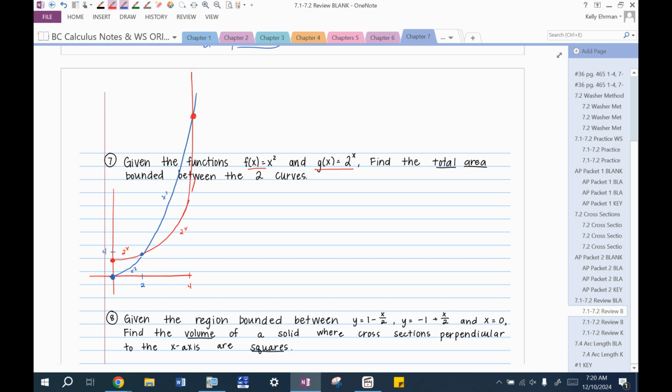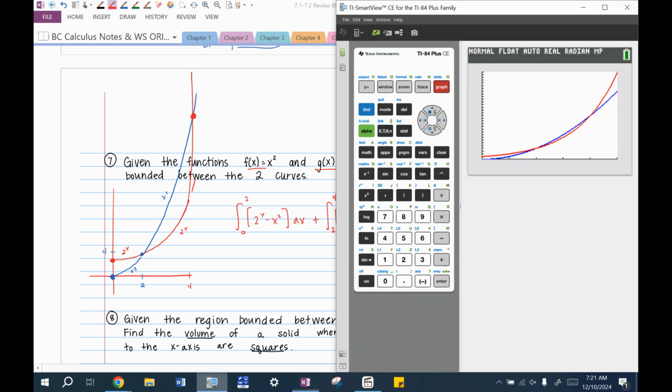We're just finding area. So the first area is the integral from 0 to 2, and the integrand would be 2 to the x minus x squared dx. And then you're adding to that this next area, which spans from 2 to 4. And for this one, x squared is on top, 2 to the x is on the bottom. And then we put this in our calculator and see how it comes out.